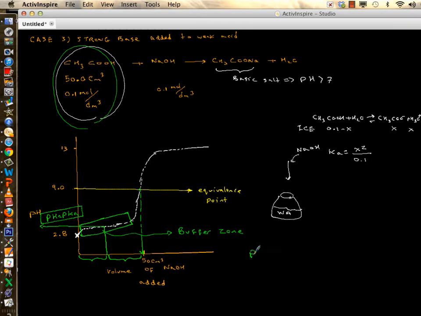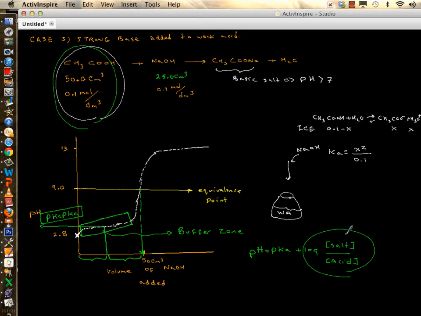Why is that the case? Because remember Henderson-Hasselbalch, pH was pKa plus log of salt concentration over acid. And this is the case when you have half as much, when there is 25 cm cube of this. If you do the moles, this becomes the limiting reactant, and you will create exactly the same amount of moles of salt as your leftover acid.